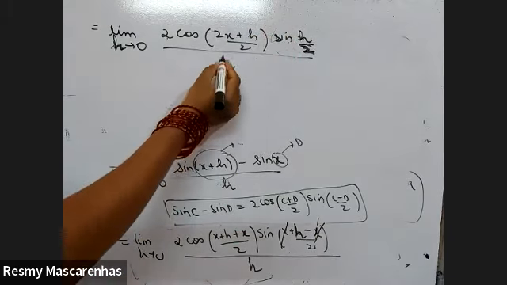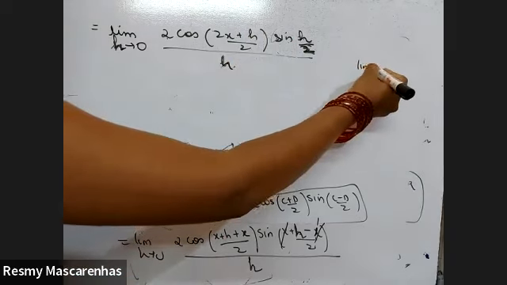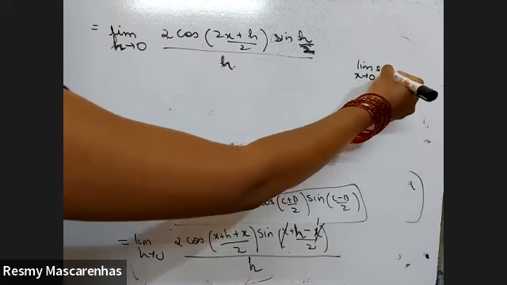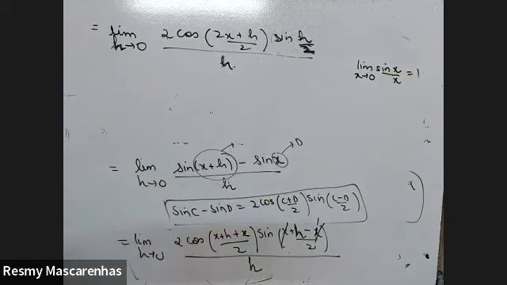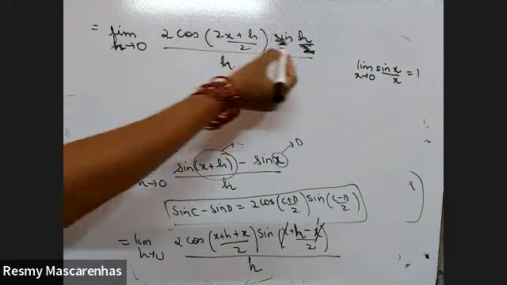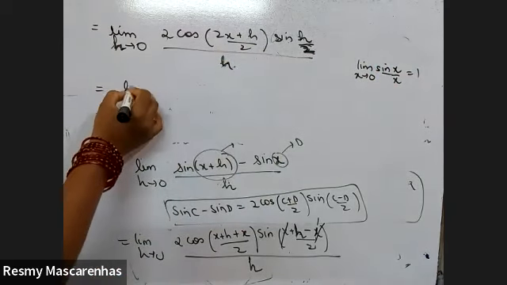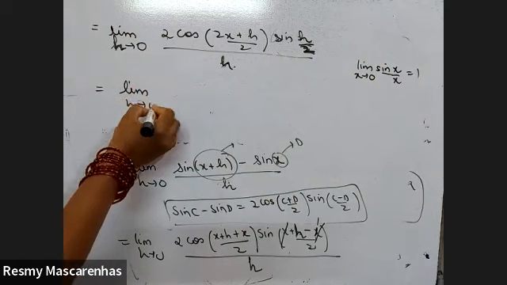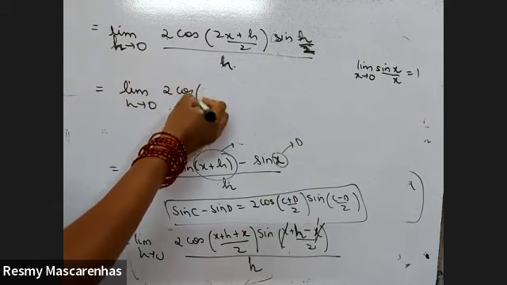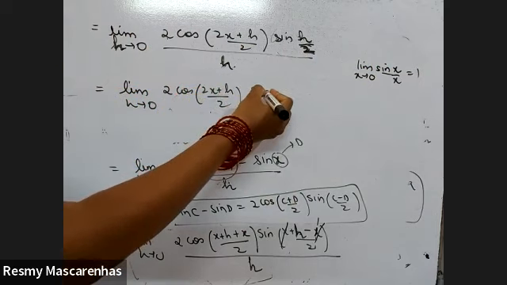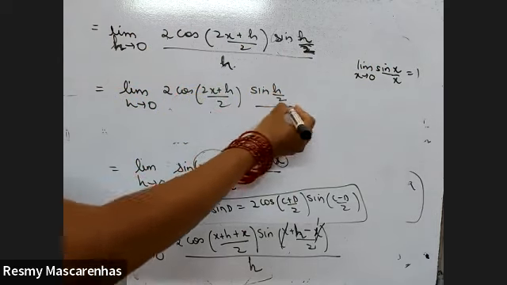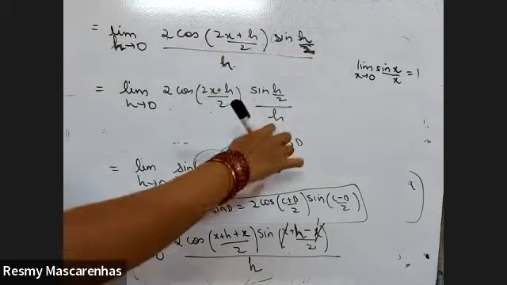Now you know that limit x tending to 0 of sin x upon x is equal to 1. So it is nothing but h now. h I'll take near this fellow.